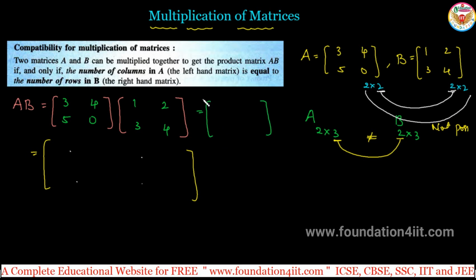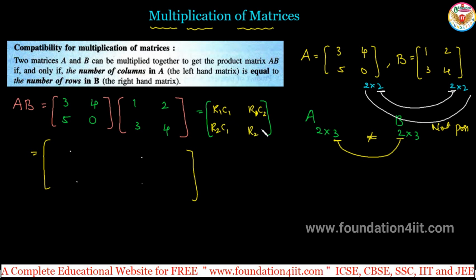This is the pattern: first row first column, first row second column, second row first column, and second row second column. This is the position. Now here this value is first row, first column.